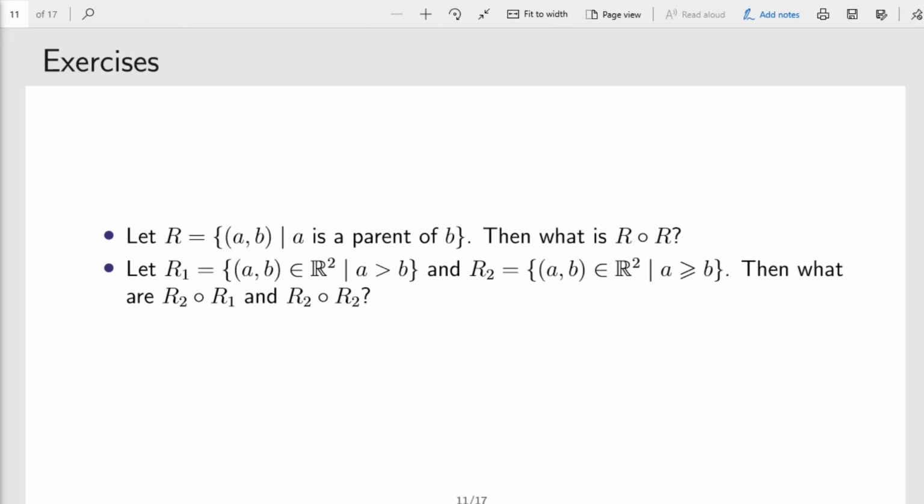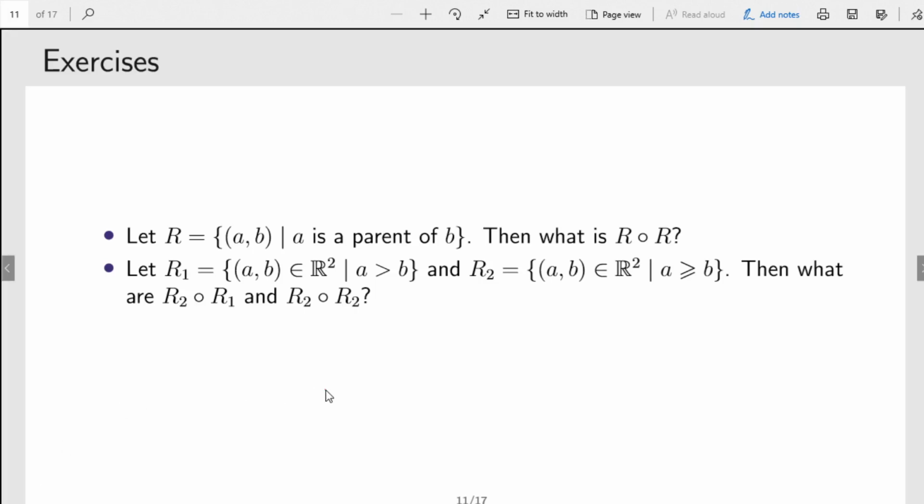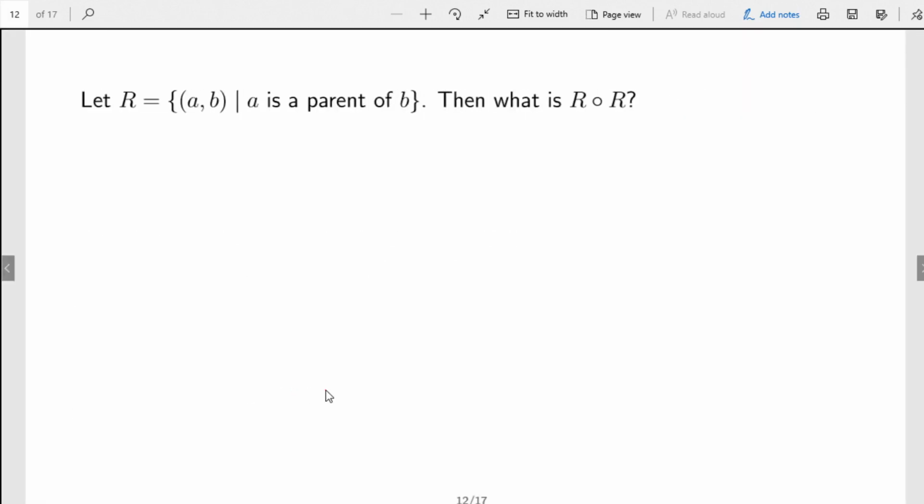So let's start with the first one. In the first one, we have a set R of pairs (A, B) where A is a parent of B, and what is the composition of R and R?